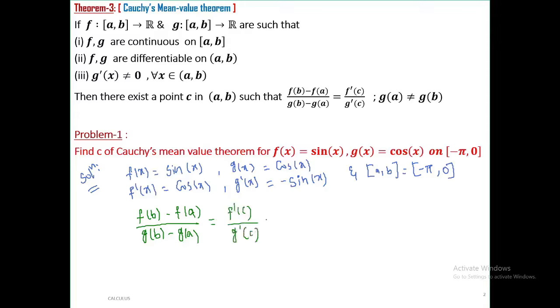Okay, so now b means 0, so sine 0 minus sine of minus pi, isn't it?